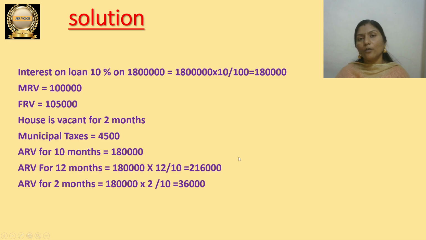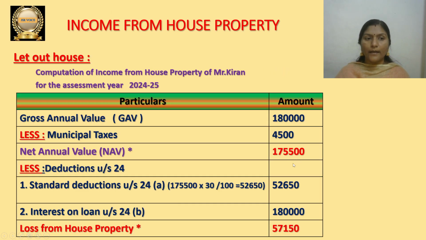We have taken all points that we actually require from the question into the solution box. Solution starts from here onwards. Next, this is the calculation of GAV and calculation of income from house property, but here we did not get income in this problem. We calculated loss from house property, because at the end the answer is negative.